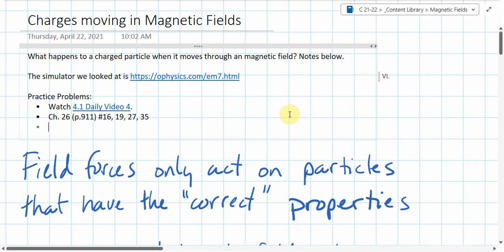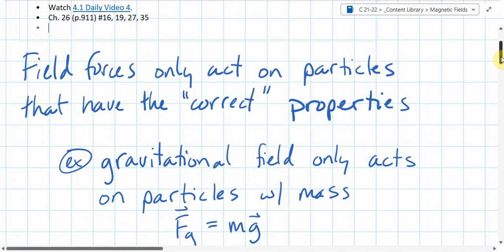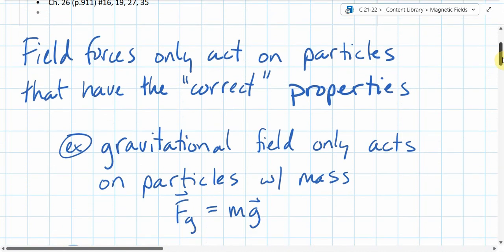Okay, so just a reminder, field forces. Essentially the pattern we found in the past is that you have a field, and that field will exert a force only on certain particles that have the correct properties. For example, the gravitational field only acts on particles that have mass.